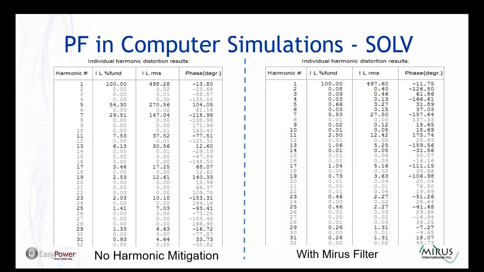With the input filter added to the variable speed drive, our fifth harmonic now is reduced to just 0.66%, and seventh is reduced to 5%, and so on. So there's a substantial reduction in the current harmonics being generated by the nonlinear load.